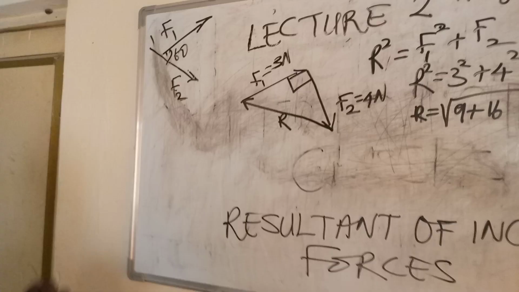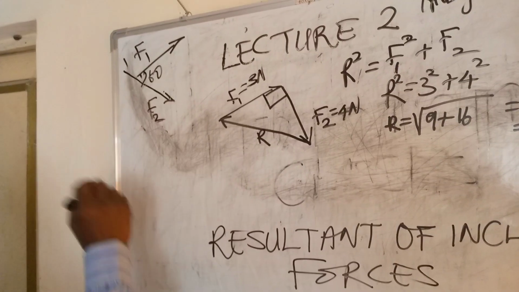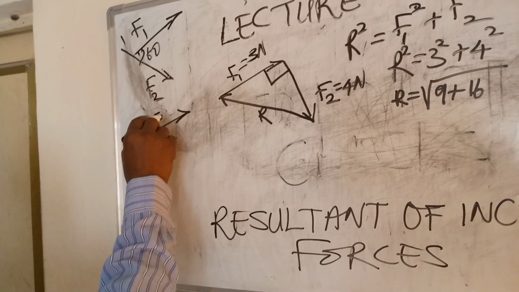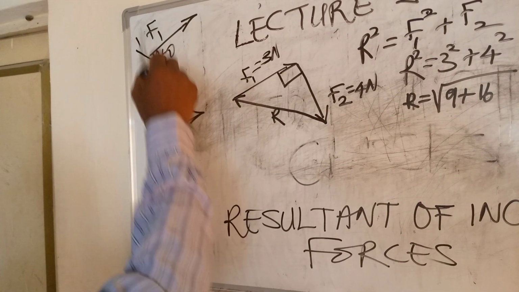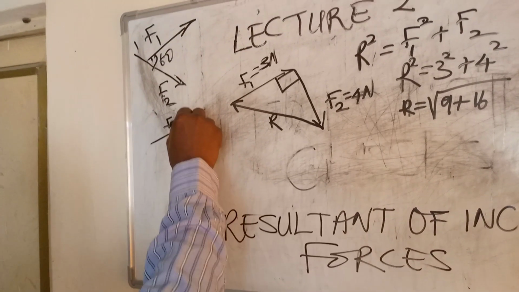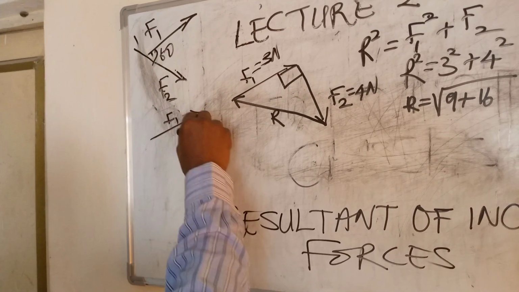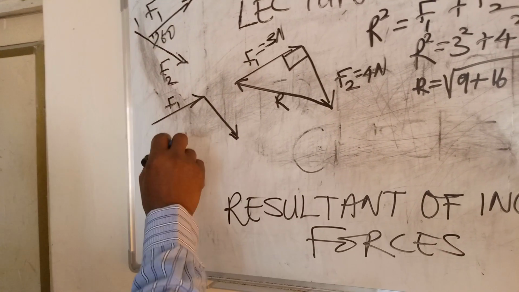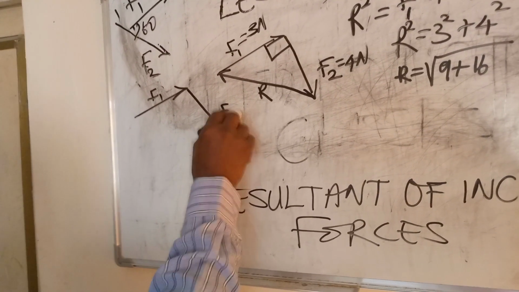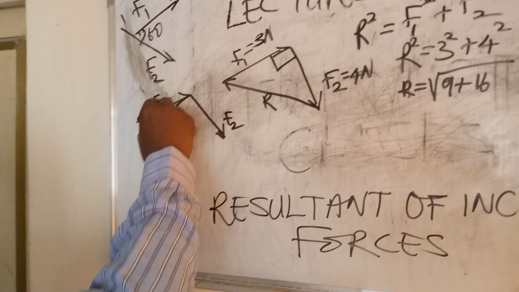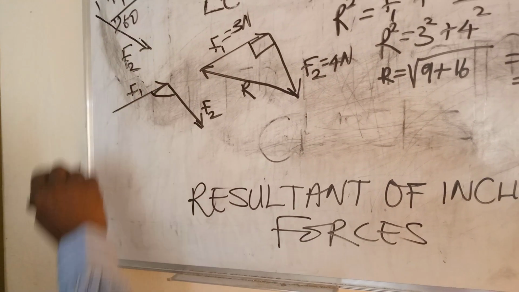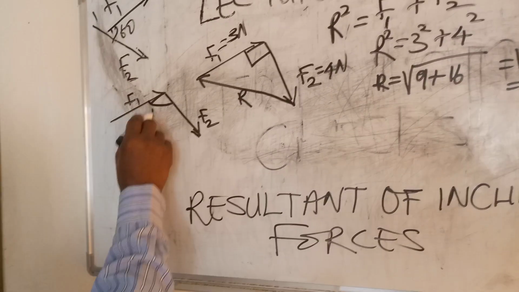So if we want to project, we have F1, and at the end of F1 we have F2 maintaining its orientation; it will be parallel to the original F2. You will see that in such a situation, the angle between them now will be 180 minus 60, which is 120.